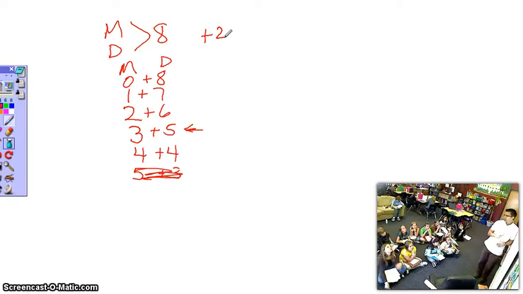Now to figure that out, because some kids get really confused on this part, this 8 is 8 more than 0. 7 is how many more than 1? 6. This is 6 more than 1, not 2 more. 6 is how many more than 2? 4. 6 is 4 more than 2. 5 is 2 more than 3. So this is the correct combination.